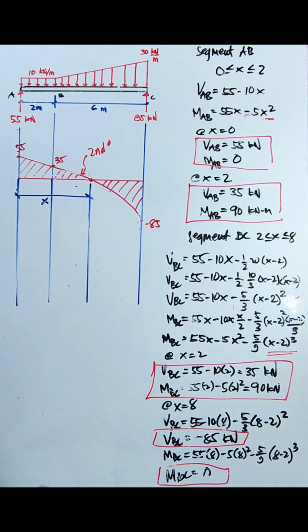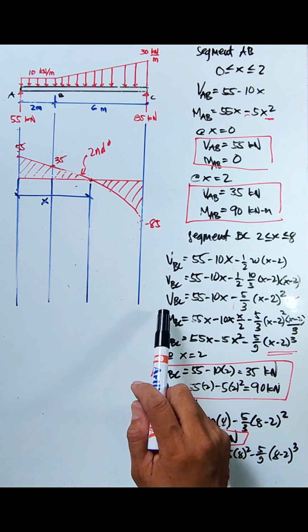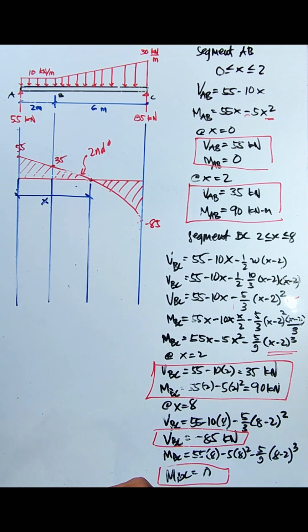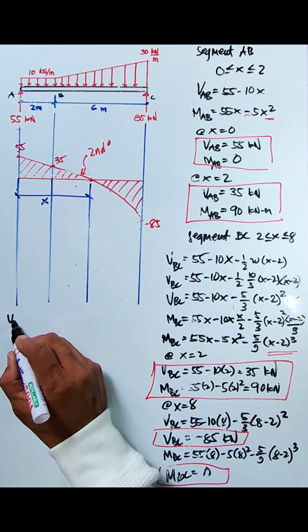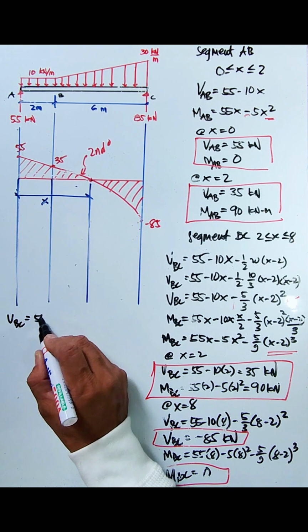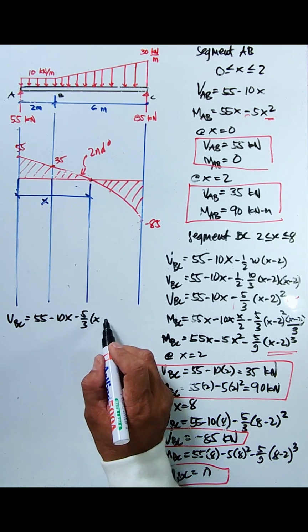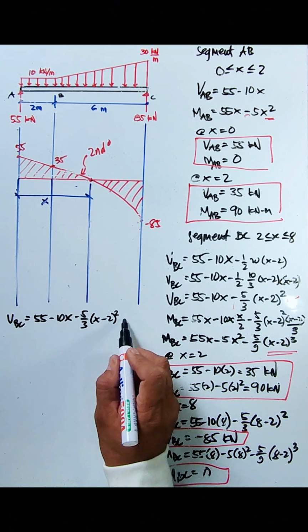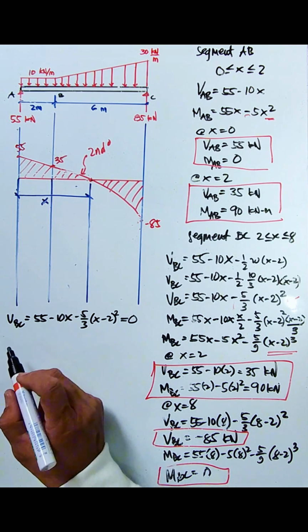Okay, so since shear is zero here, in this equation we'll just substitute VBC with 0 and then solve for x. So that means from here, VBC is 55 minus 10x minus 5/3 times (x minus 2) squared, and then this is equal to 0. So we'll multiply everything by 3.